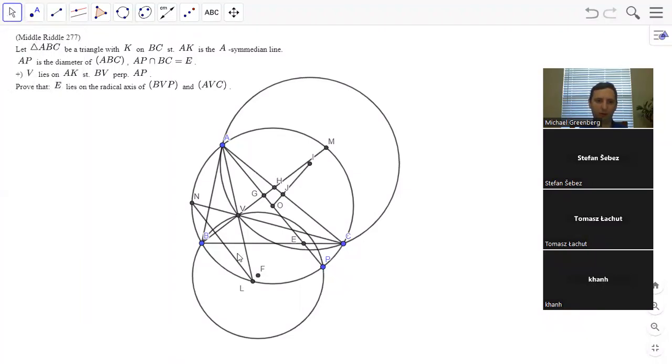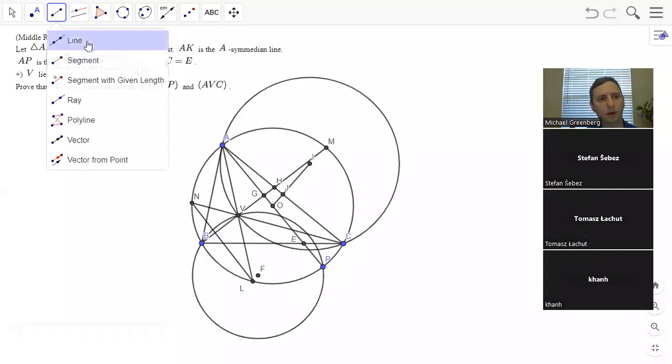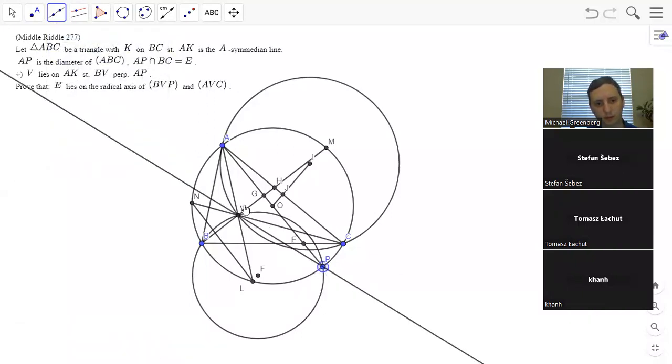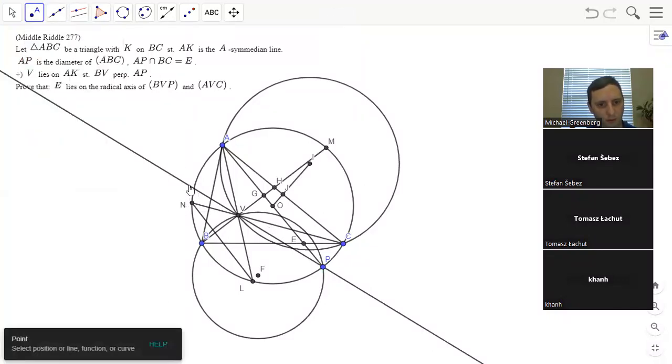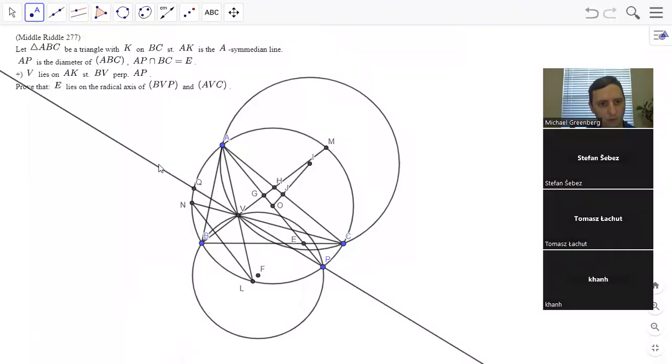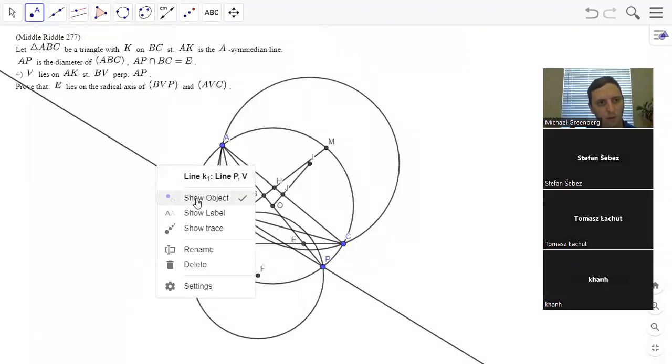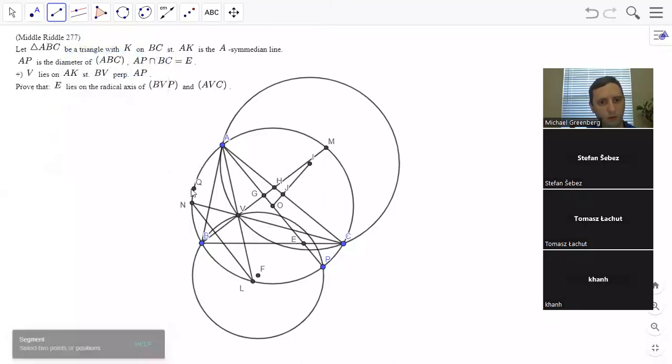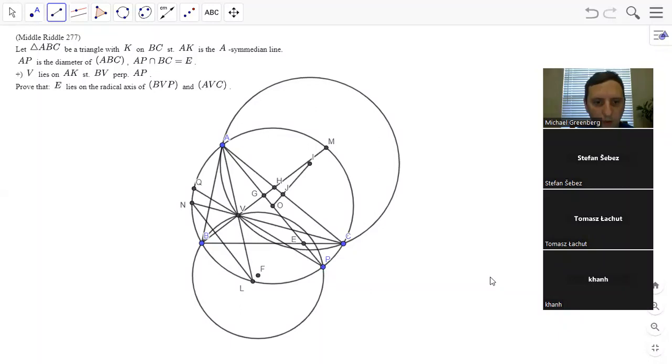Similarly, can you intersect VP with circle O? Yeah, so similarly, it swaps P with Q, and swaps B with M. So circle VBP turns to MQ.